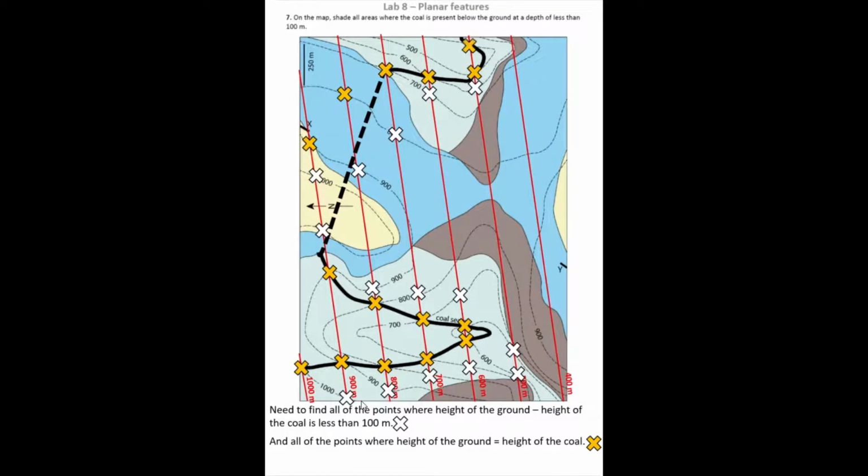Okay, so here the height of the ground is at 1,000 and the height of the coal seam is at 900, so that's one. Here the height of the ground, if we follow the contour, is at 900 and the height of the coal is 800. Here the height of the ground, if we follow this contour around, it's 800 and the height of the coal is at 700. And we continue that process and find all of the points that satisfy that condition.